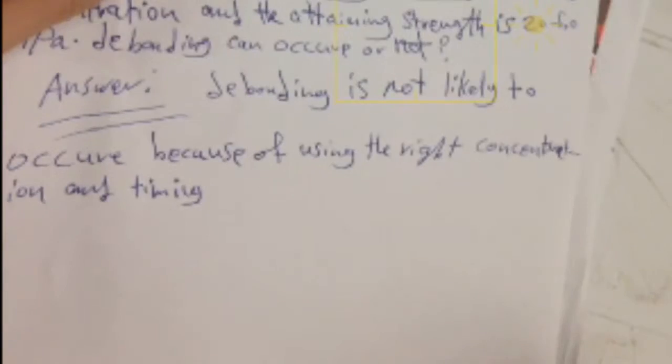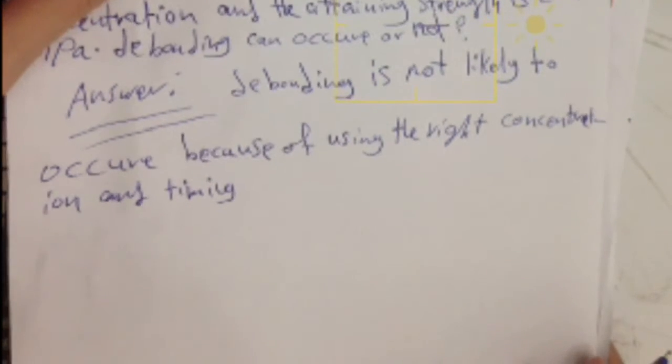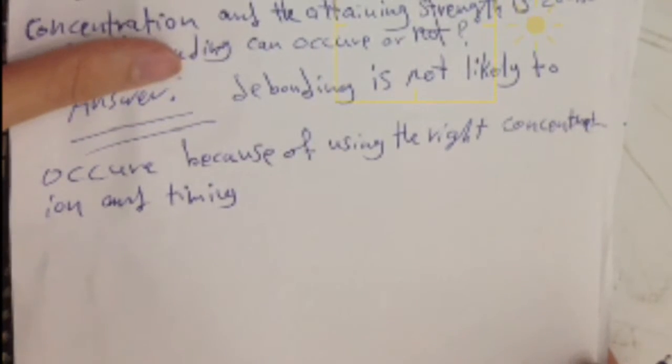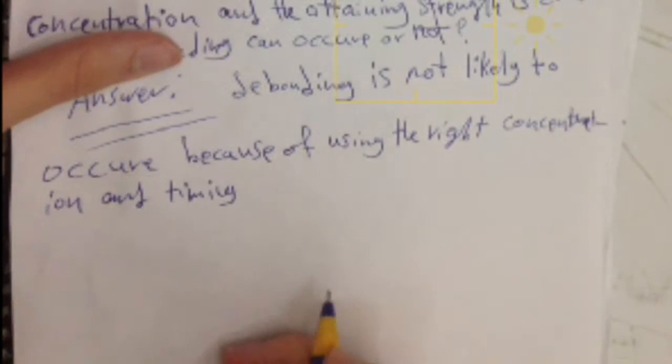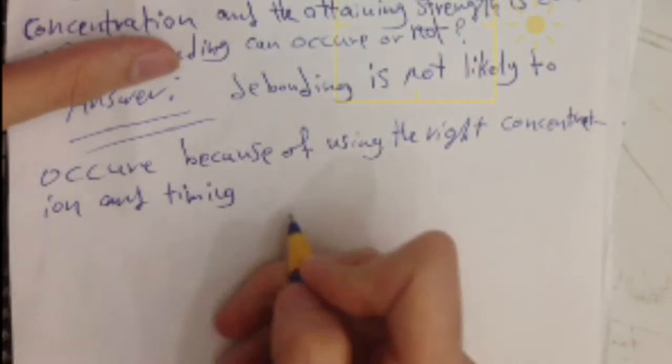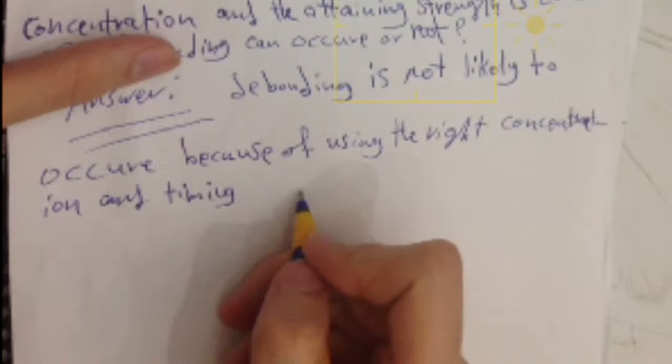That's why the debonding will probably not happen because of these two things. And enough attaining strength.